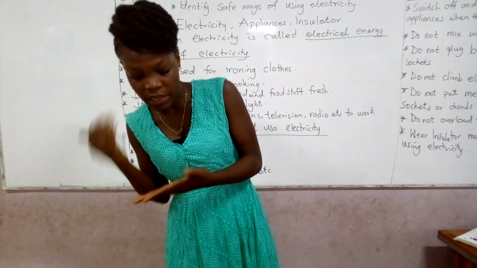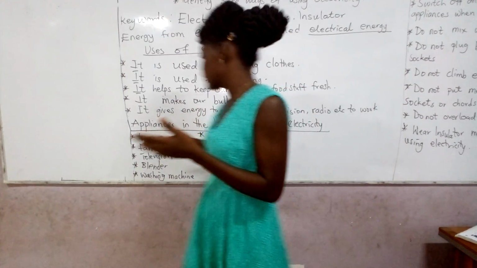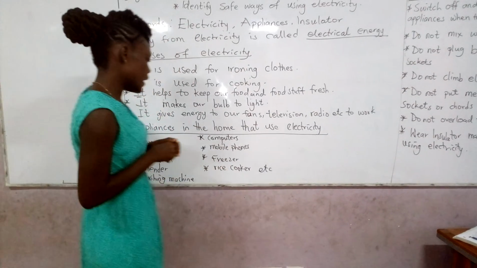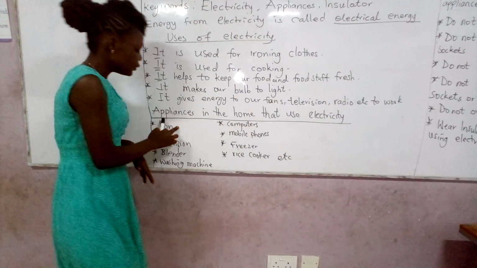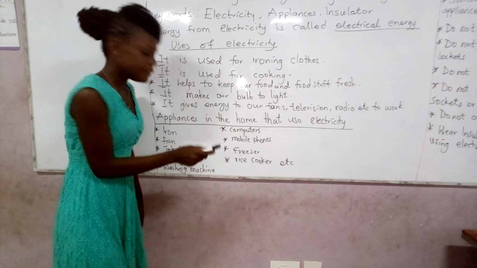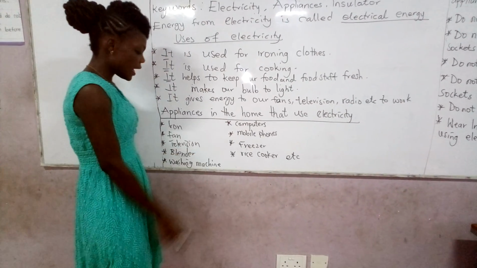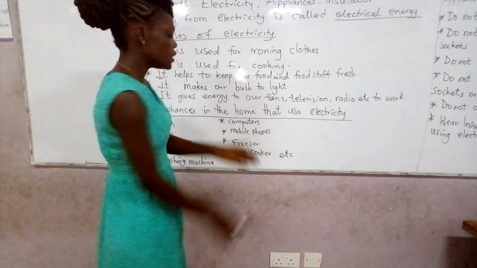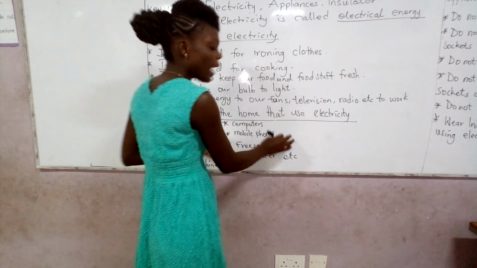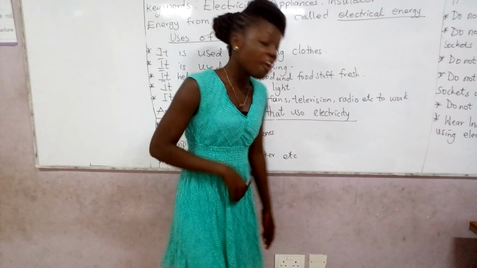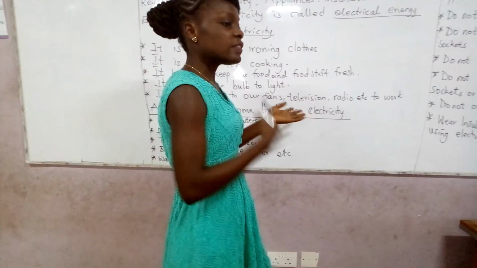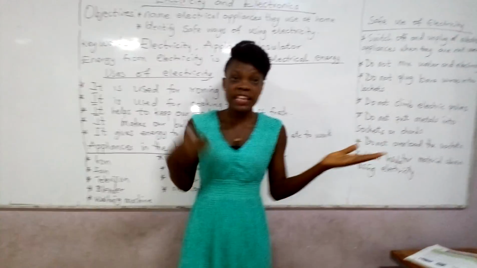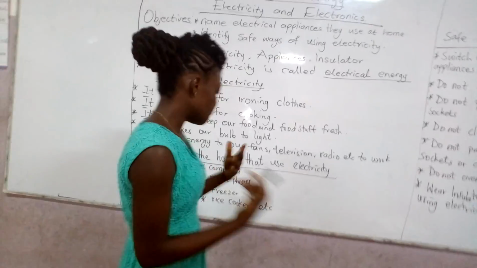Any item, any gadget that uses electricity is an electrical appliance. So here are some electrical appliances: iron, fan, television, blender, washing machine, computers, mobile phones, freezer, rice cooker, etc. You look around, you see the ones that use electricity, then you mention them.